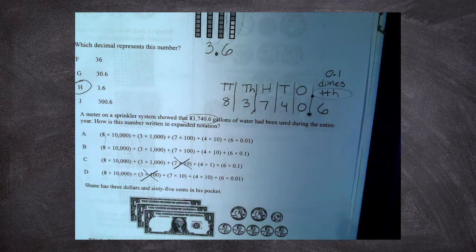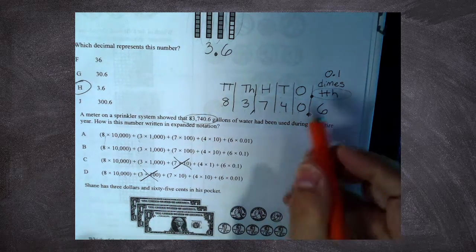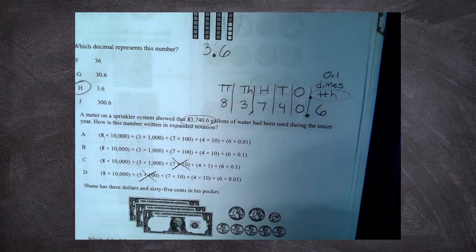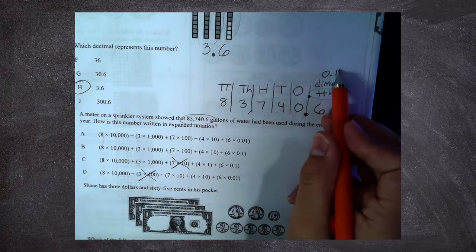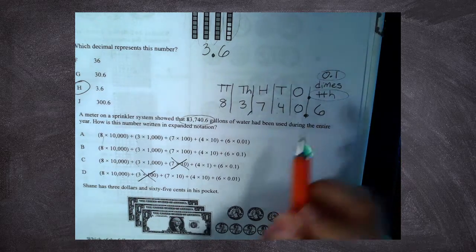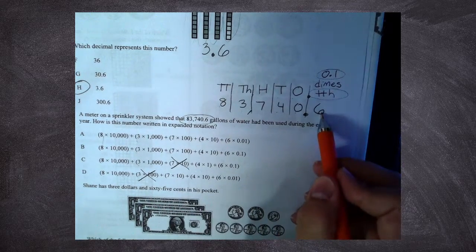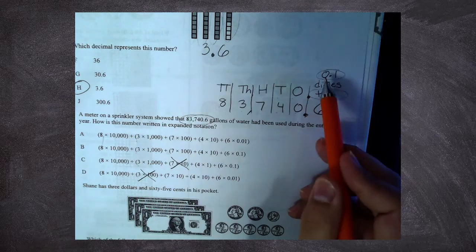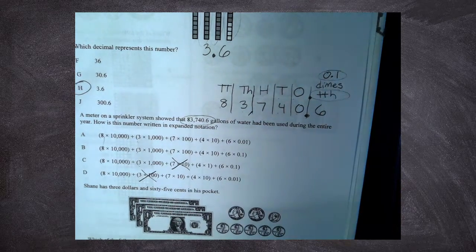The tenths. Look at that reminder we always write, 0.1. So the last place value should be 6 times 0.1.